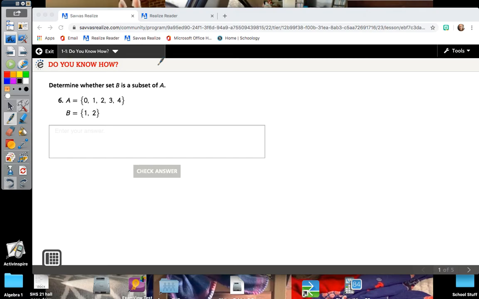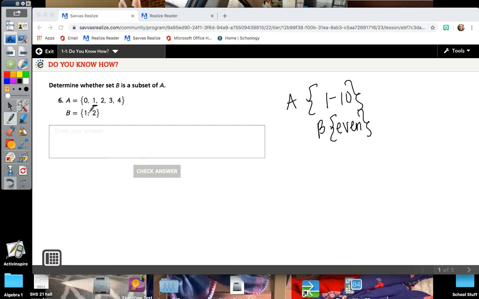Remember subsets on our original question, in set A we had 1 through 10, and in set B we had the evens from that number. So B was just a subset of the even numbers. Sorry, is B a subset of A? Does B have anything in common with A?